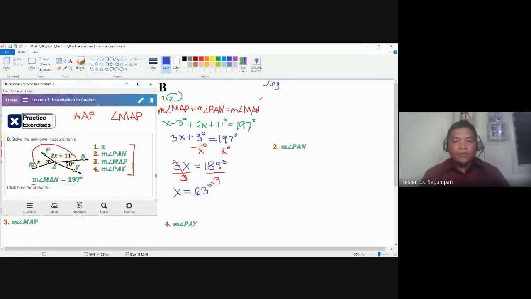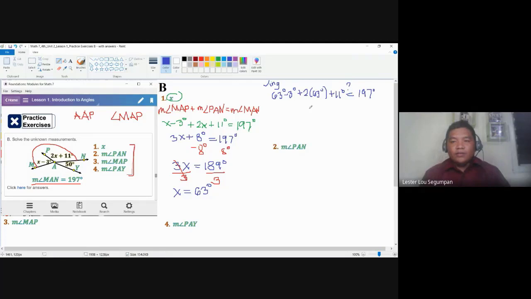Substitute the value for x. You have 63 degrees minus 3 degrees. Again, checking is your own concern. It could help you if you want to. So I'm not going to require it of you. It's up to you. And you have 2 times 63 degrees plus 11 degrees must be equal to 197 degrees. And you put a question mark since you already substituted the values.